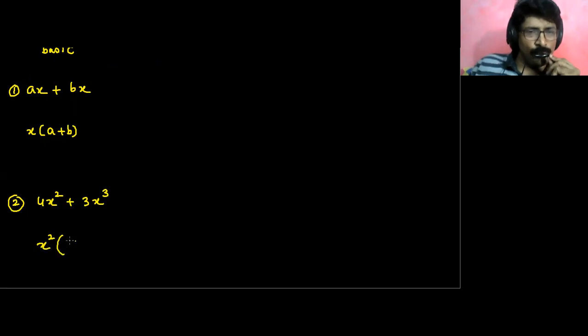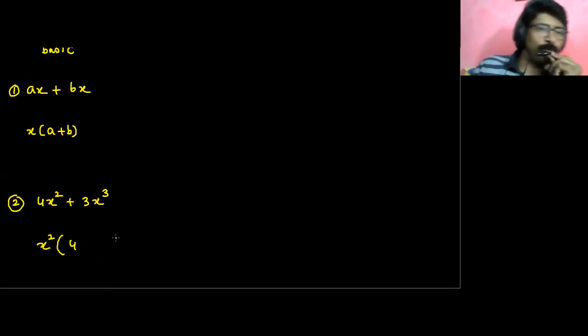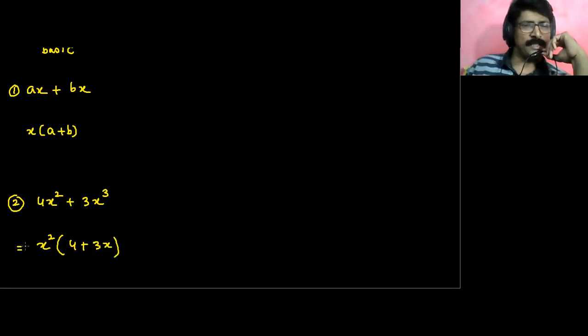So what will happen? 4x plus 3, okay, 4x won't come, only 4 will come. 4x square, if x square goes out, that means 4 will be left over, plus x square into what will come? 3x square, 3x cube, 3x. Are you getting it? So this is very basic factorization. Okay, then will be the first exercise based on this.